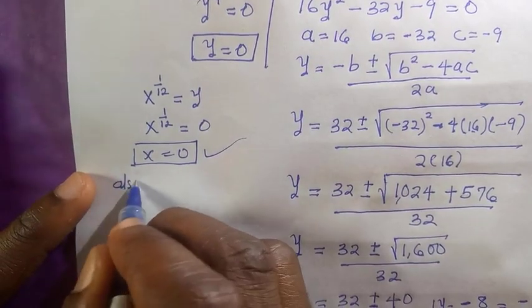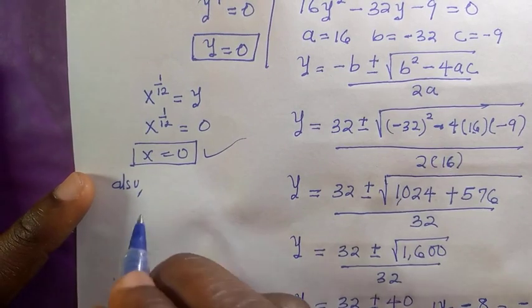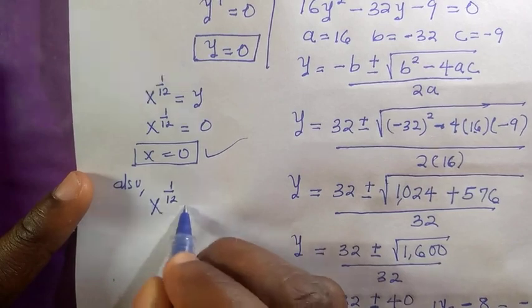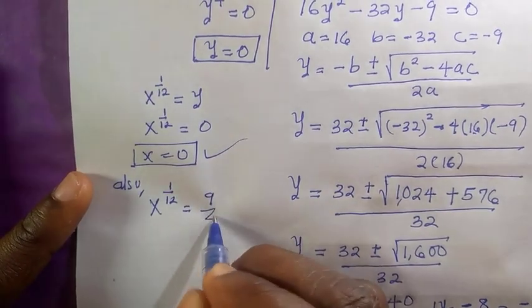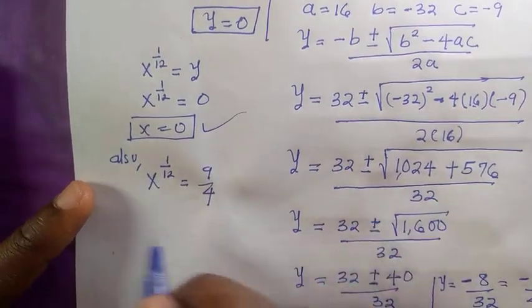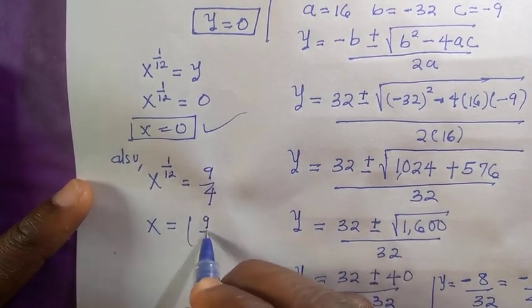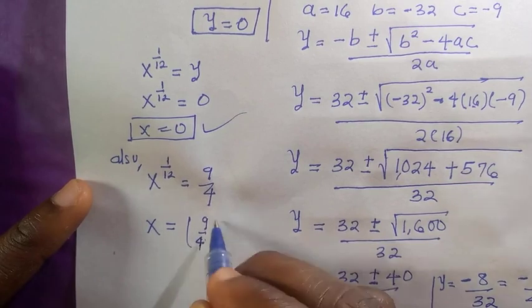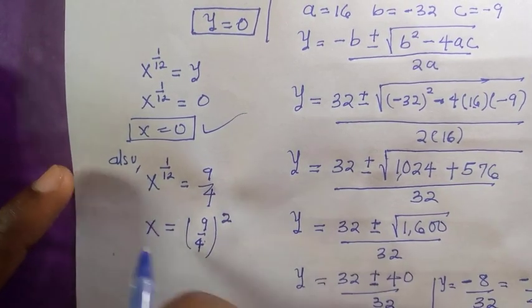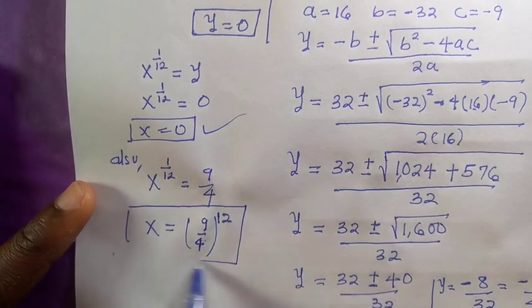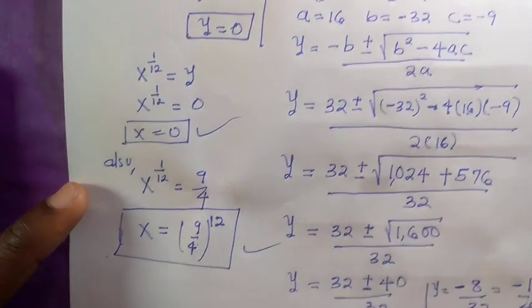And also when y equals 9 divided by 4, we have x raised to power 1 over 12 equals 9 divided by 4. And again, if we raise both sides by 12, we have 9 divided by 4, then everything raised to the power of 12, which is the second solution to the problem we are given. And this is how to solve this.